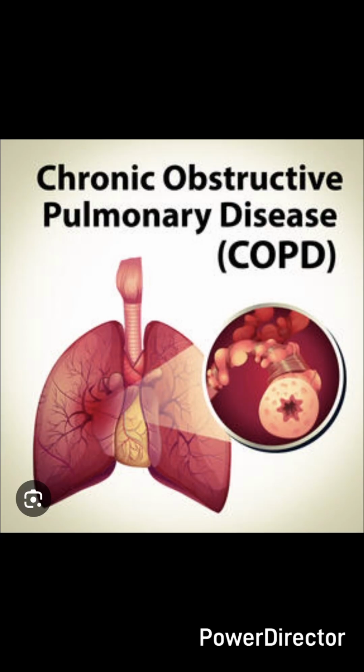MMRC 2, walks slower than people of the same age because of dyspnea or has to stop for breath when walking at own pace. MMRC 3, stops for breath after walking 100 yards or 91 meters or after a few minutes. MMRC 4, too dyspneic to leave house or breathless when dressing.